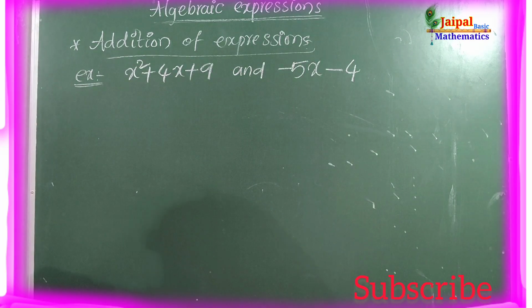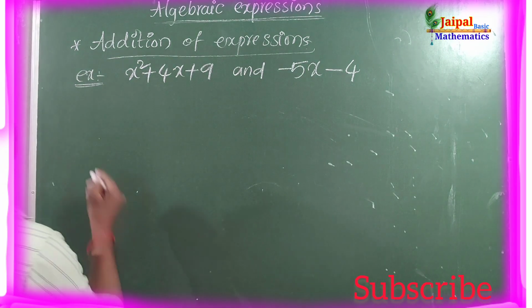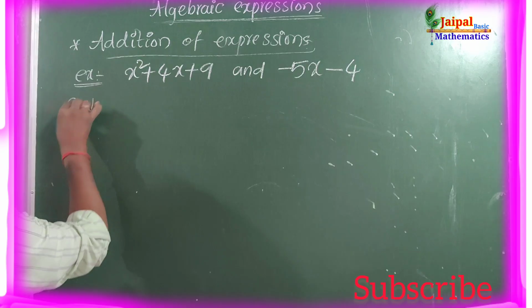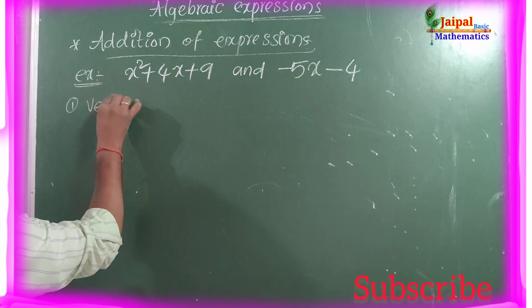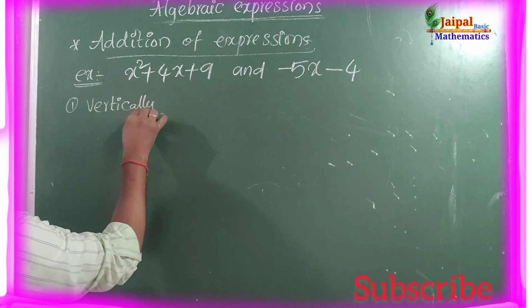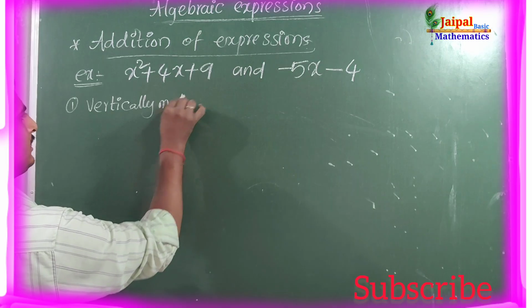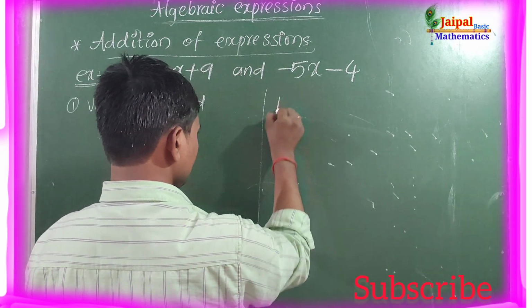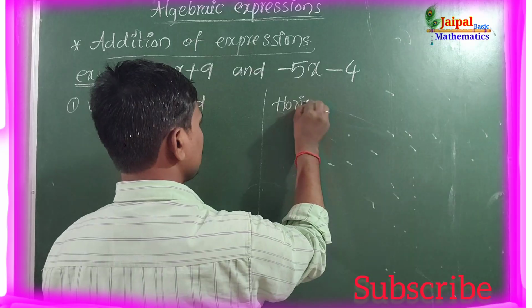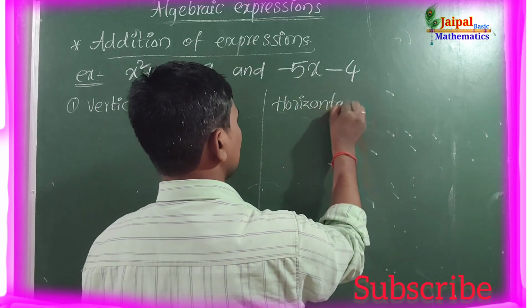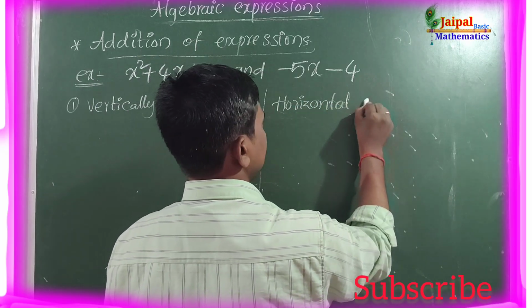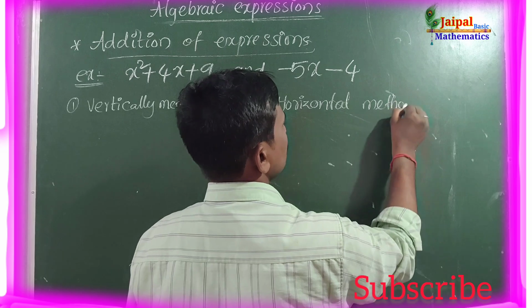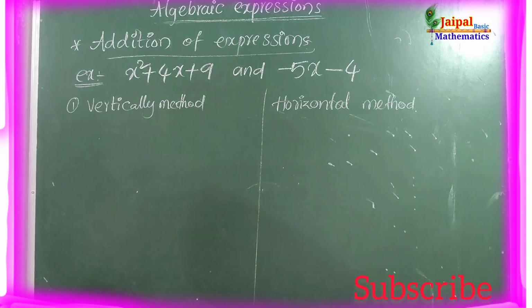For finding the addition there are two methods: the vertical method, and the second one is the horizontal method. It is important: for finding addition and subtraction also, there are two methods, the vertical method and the horizontal method. First we go with the vertical method.